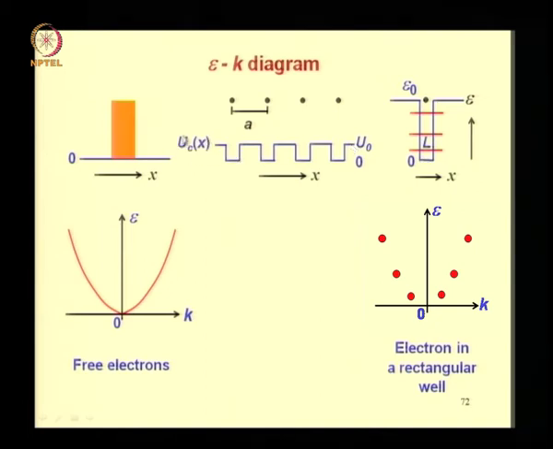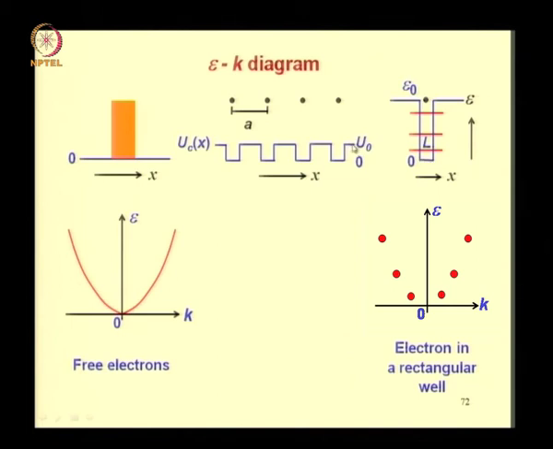The symbol for this is U_C(x), the crystal potential. It is an approximation of the crystal potential. Here we will assume that the maximum value is U0 and the minimum is 0. The interatomic distance is a.